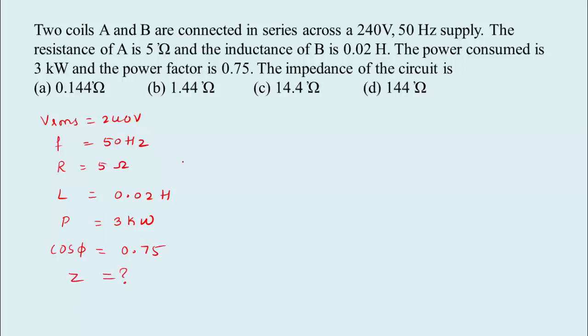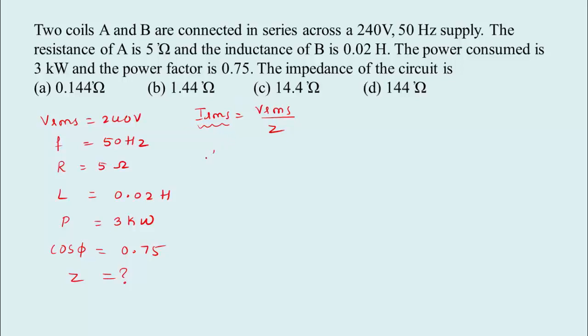So we have the equation for impedance. We know that Irms equal to Vrms divided by Z. So this equation we can use here. But here we don't know the value of Irms. We know only about Vrms. So first we have to calculate Irms. So we can use the equation of power consumed because power consumed is given, power factor is given.